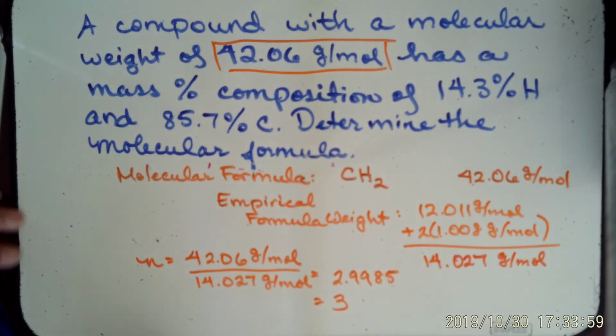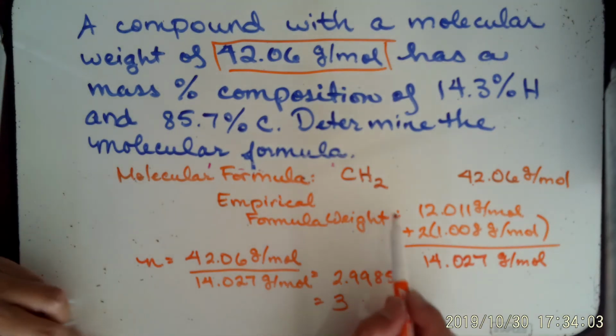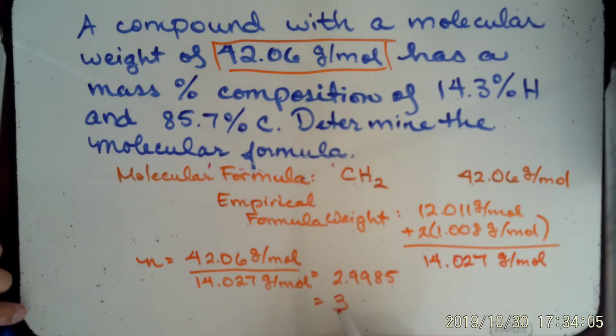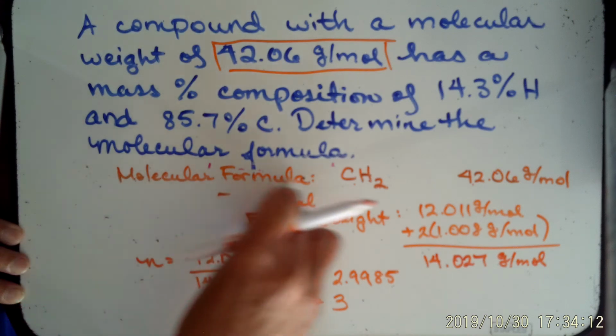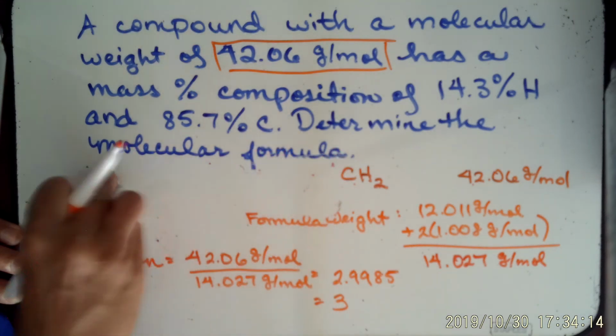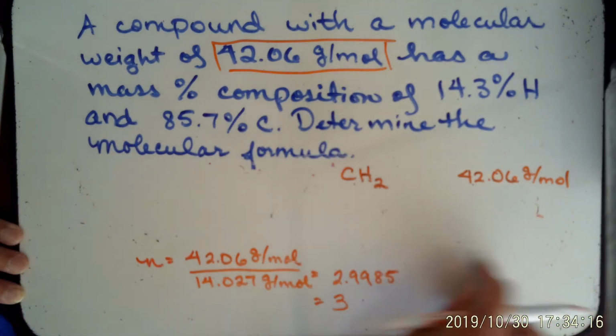Okay. Now that we have our whole number, what we have to do is multiply all my subscripts by this value. So let me just go ahead and go through this.